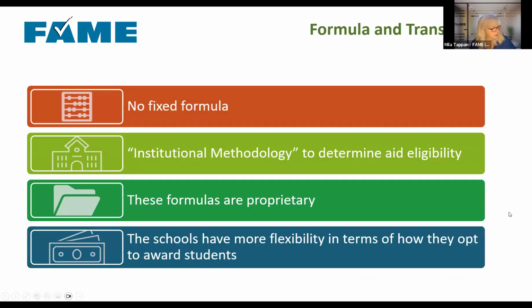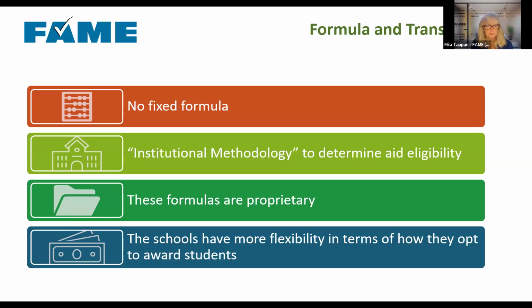So one of the things I just wanted to take a step back and summarize as we come close to finishing up this session. When we talk about the CSS profile, it is a form that these 240 or so schools use, but I want to just remind people that they can only use it to award their own institutional aid. So every school out there is required to use the FAFSA to determine eligibility for federal financial aid. And here in Maine, the FAFSA is also used to determine eligibility for the Maine State Grant Program.